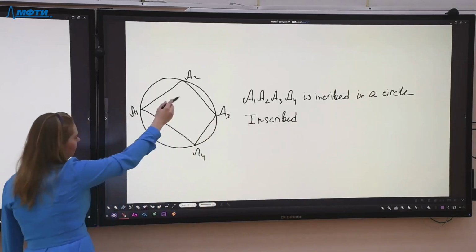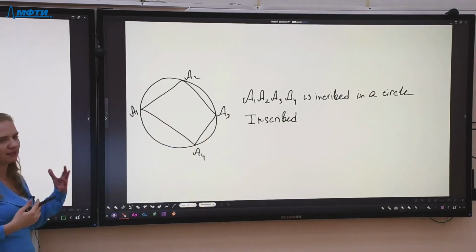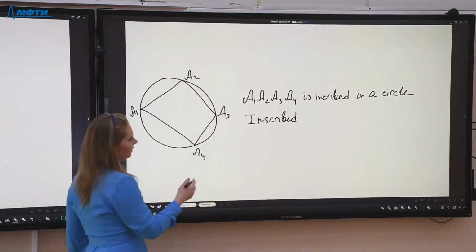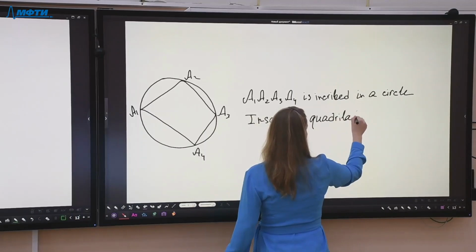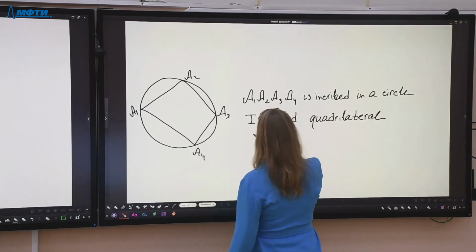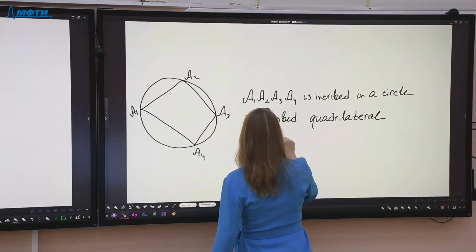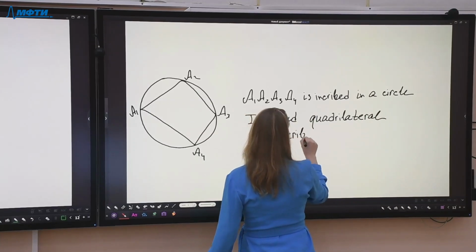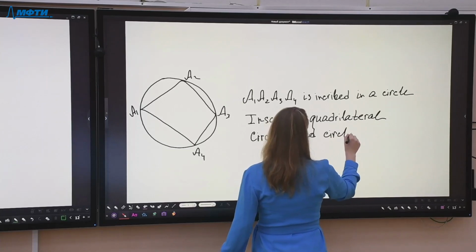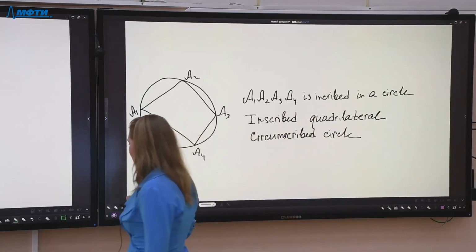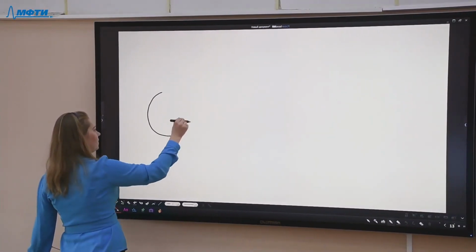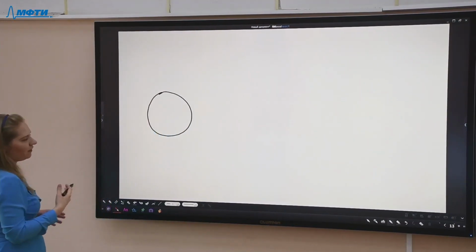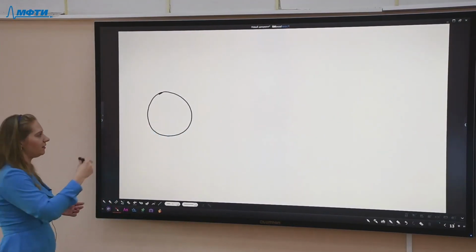And with respect to this quadrilateral, we can say that the circle is circumscribed. Or another situation when we have a circle and we take a polygon such that its sides are tangent to this circle, something like that.